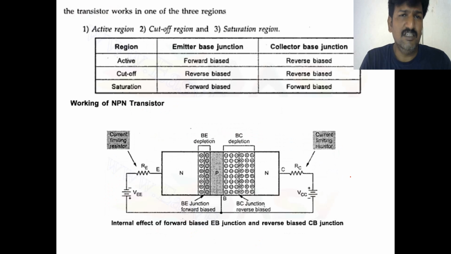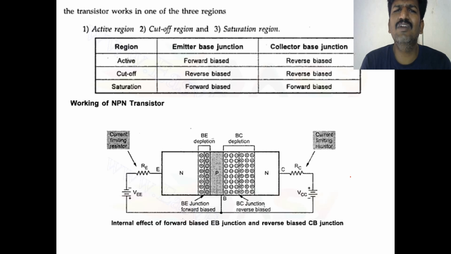Here the transistor works in three regions: the active region, the cutoff region, and the saturation region. When it acts in the active region, the emitter base junction is forward biased.